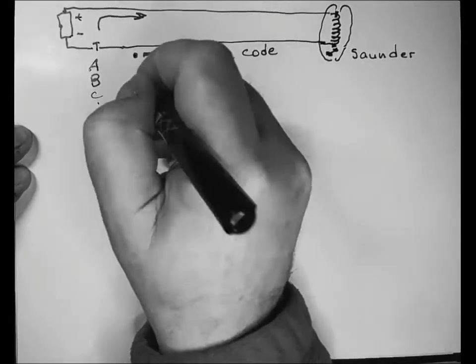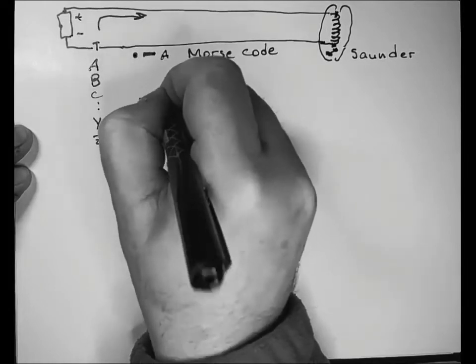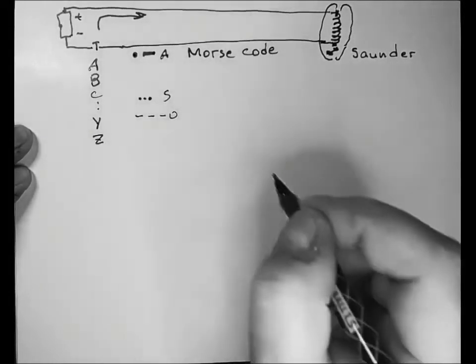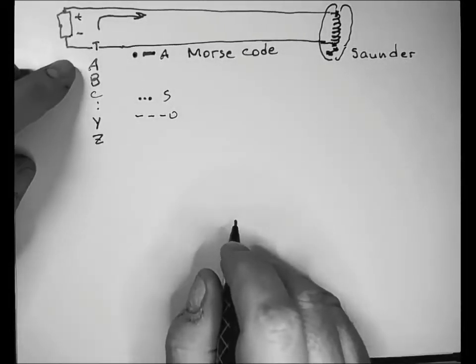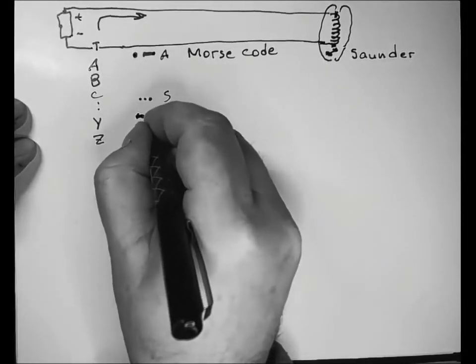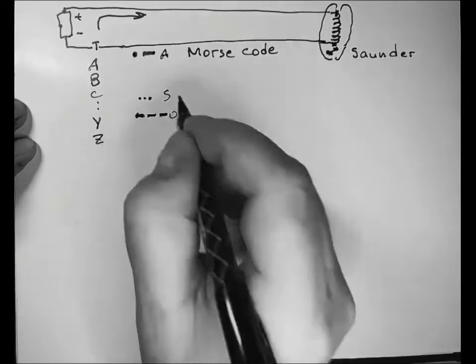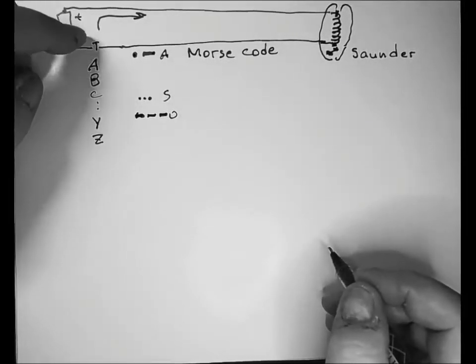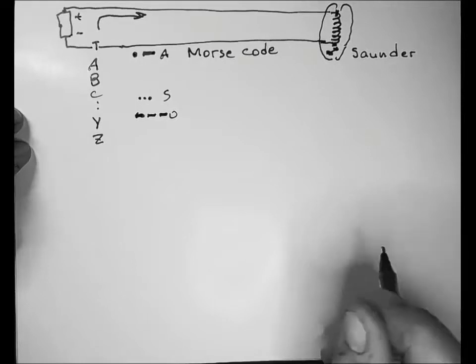That is A, that is, let's say, S, and that is O, and so on. So the man who learned this equivalence, meaning encoding or using Morse code, actually operates this switch, and pretty fast.